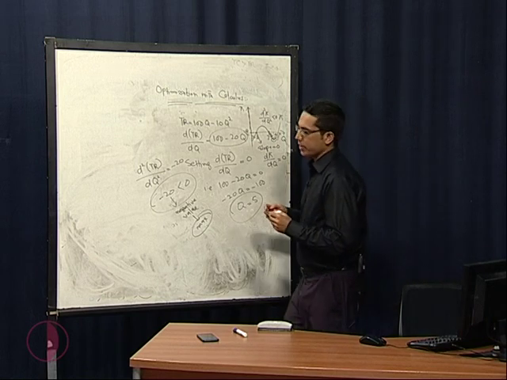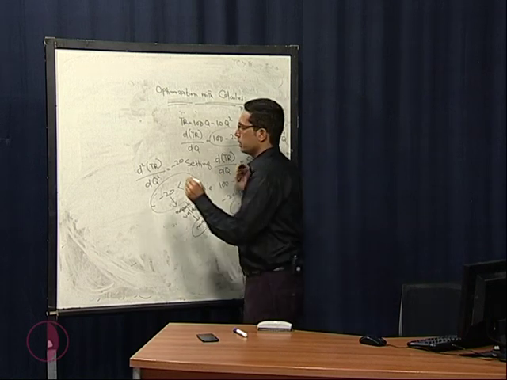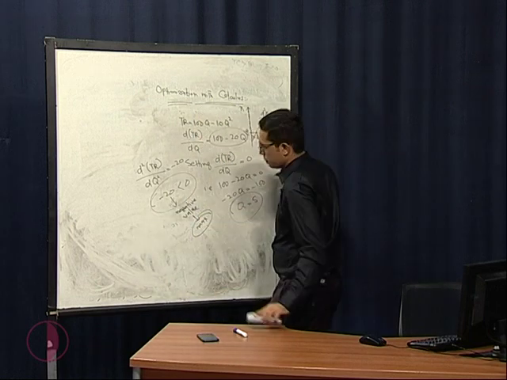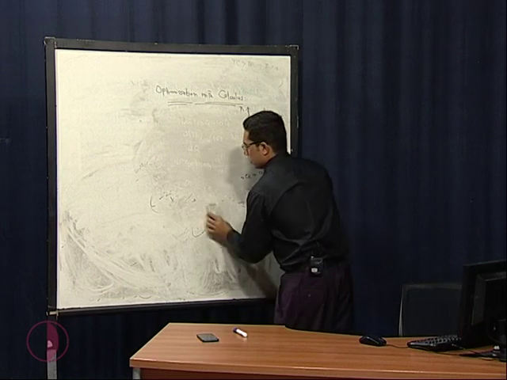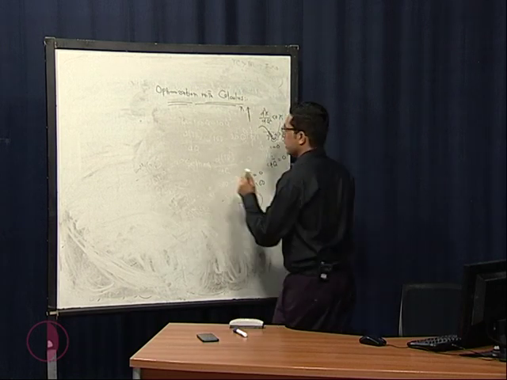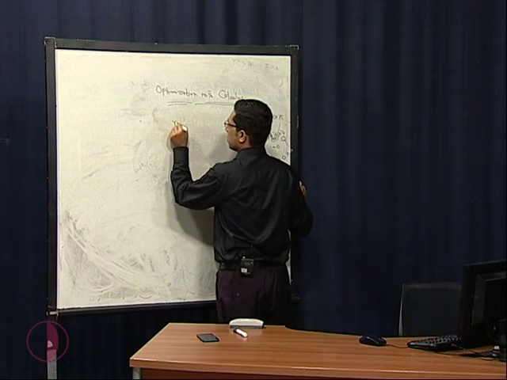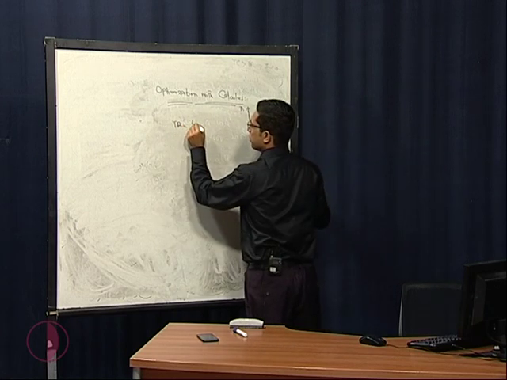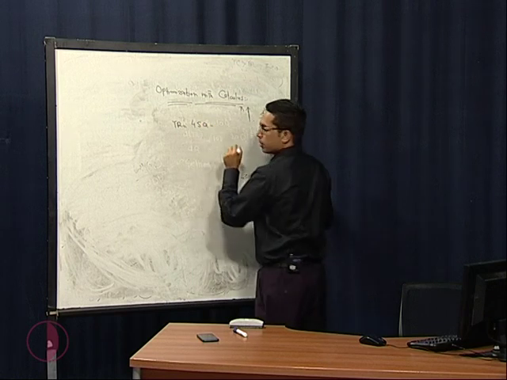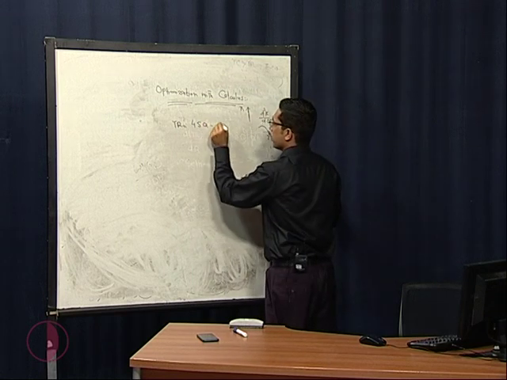Similarly, we can also put another example. Let me write another example. Total revenue is equal to 45Q minus 0.5Q square.